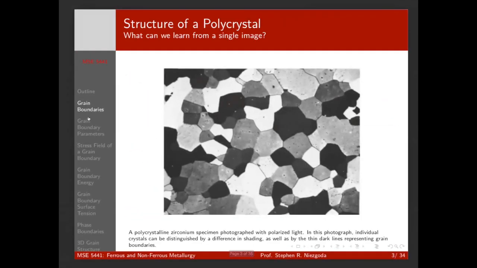Okay. So I think this first slide is pretty instrumental. We spent a lot of time talking about what we can see from this. What is the structure of a polycrystal? Why are these colored differently? Because there's an orientation difference. We can see that grain size is not super uniform, even when it's a well-annealed structure with equiaxed grains.